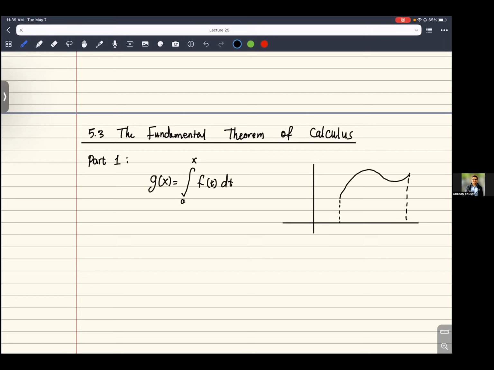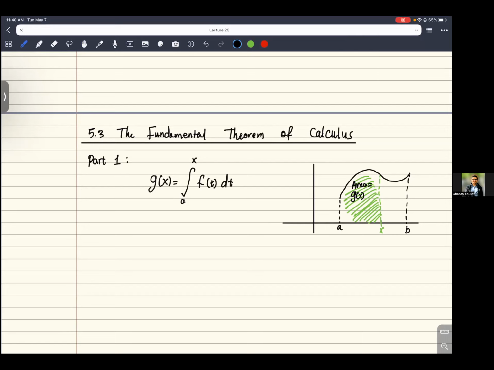So they said the integral from a to x is the same as g of x. So this is my x, this is my a, this is my b, and g of x is the same as area, as the book said. I'm gonna explain this more next time, but you should know this is the definition for part 1. g of x equals the integral from a to x of f of t dt.